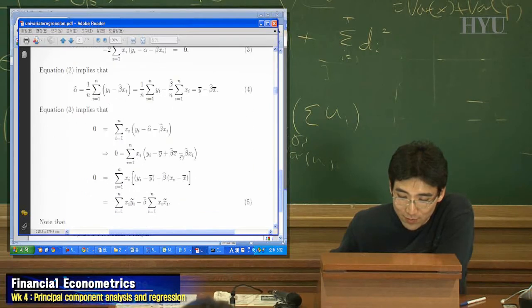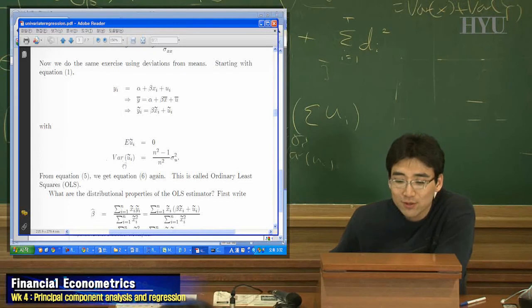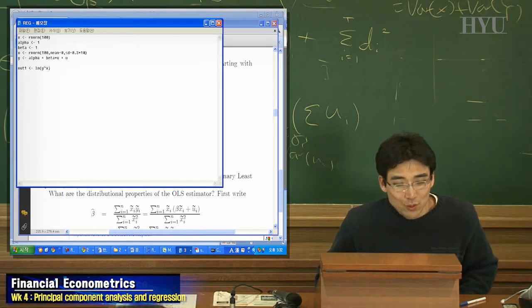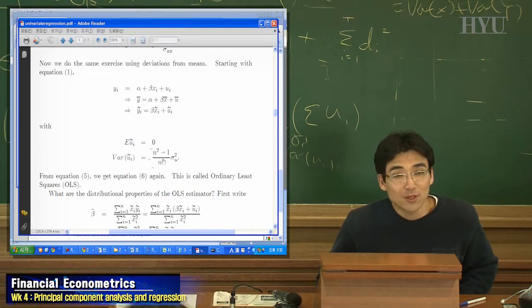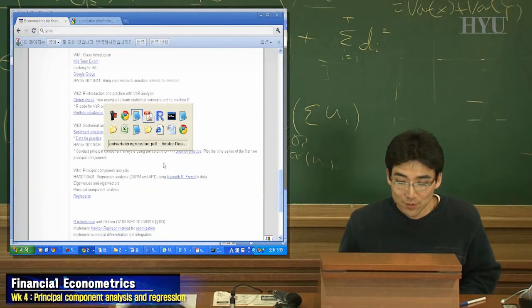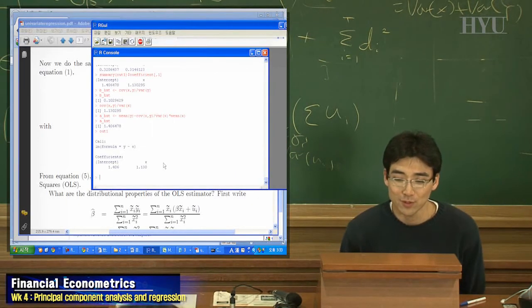Now in our program, we know the true standard deviation of u, which is 3, right? Let us estimate this and see whether we have a similar value or not.